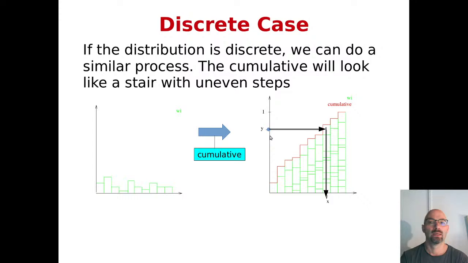And then we take this value and look for the bin of the cumulative distribution that corresponds to this particular value over here. Of course, in the discrete case, we will always hit a vertical bar, right? And in this case, we pick the sample that corresponds to the intercept between y and the cumulative, which is discrete.